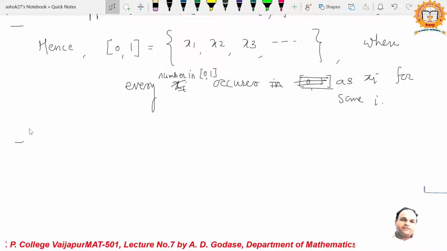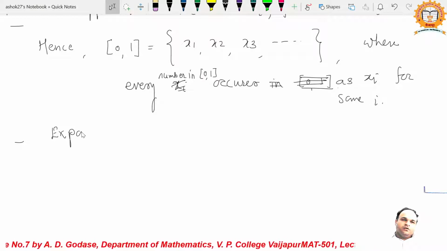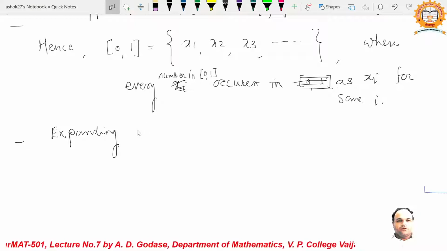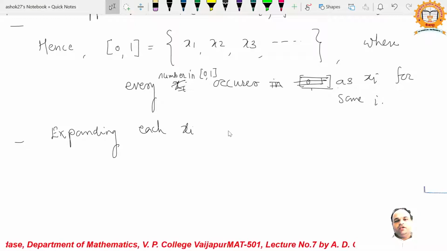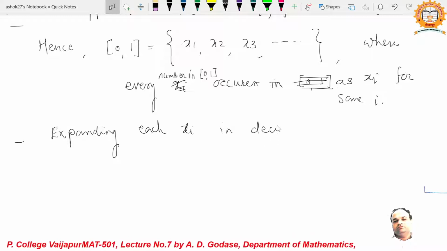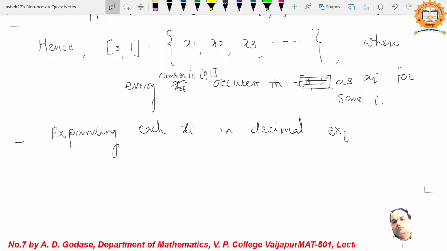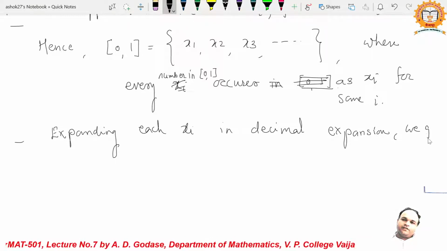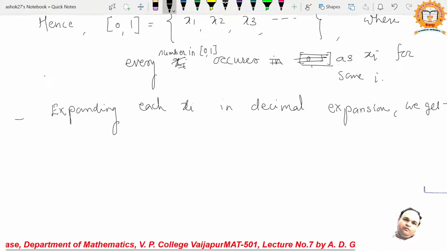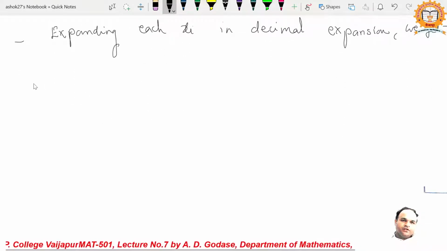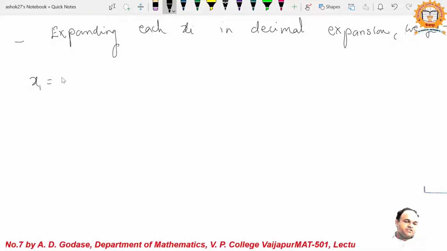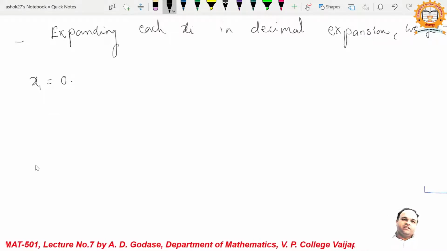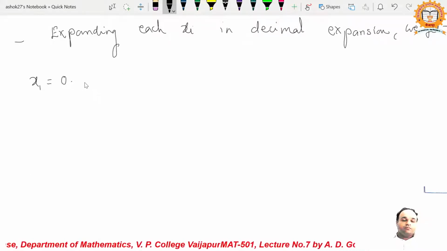So next, expanding each xi in decimal expansion. We will write x1 in its decimal expansion. Here it is 0 point, because all these x1, x2, x3 lie in the closed interval [0, 1].